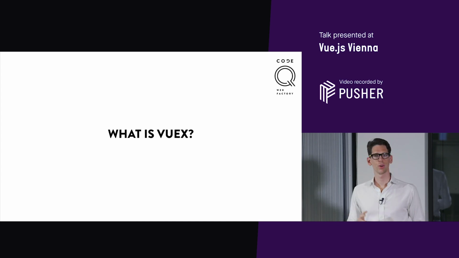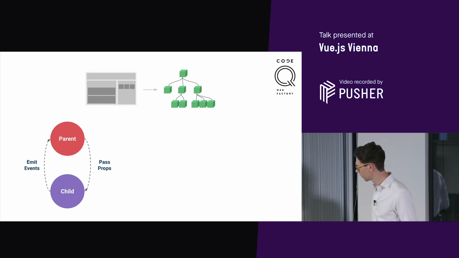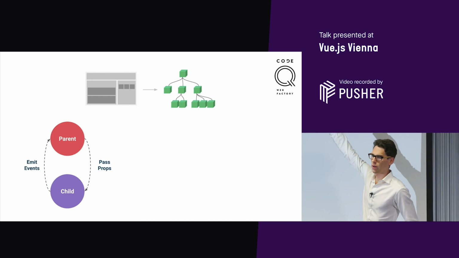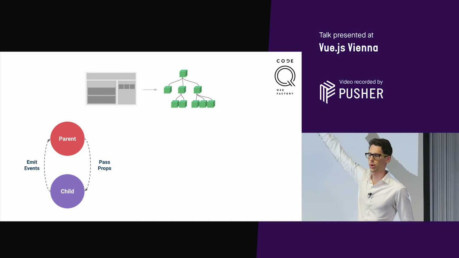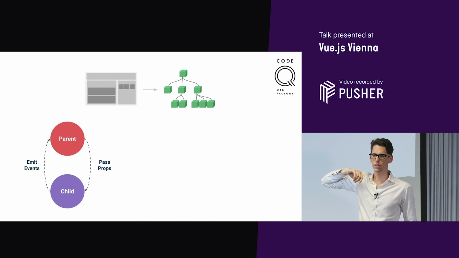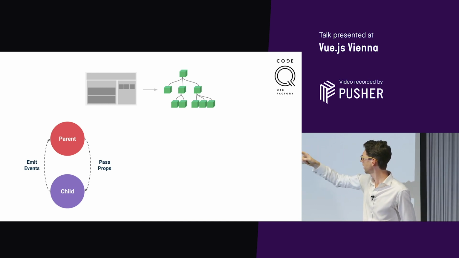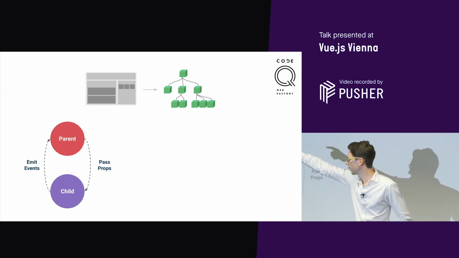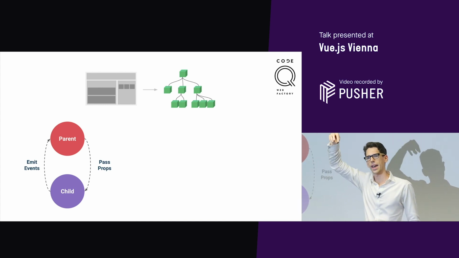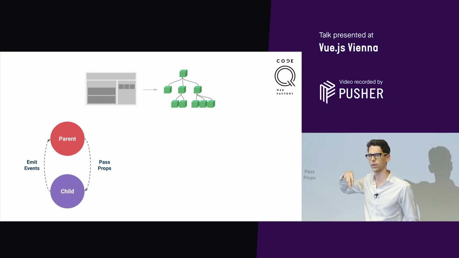First of all, I'm not sure if everybody knows Vuex, so I'm going to explain the very basic concept. In a Vue application, you normally have your app root, and below that you have components, and those components can have other components, and so on. Data is typically held in the root, or in a parent, and every time you want to pass data down, you use props.